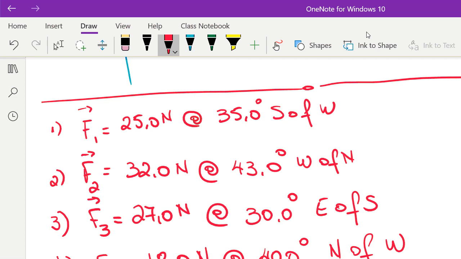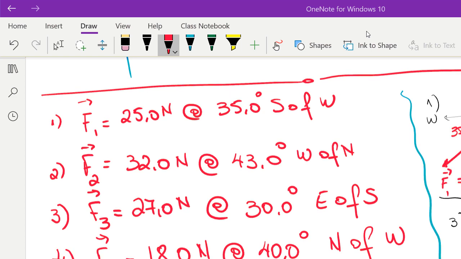Number 5 is F5 equals 22 newtons at 42 degrees west of south. So for now, pause the video and complete those on a separate piece of paper, and I will do them and you can compare them after me.